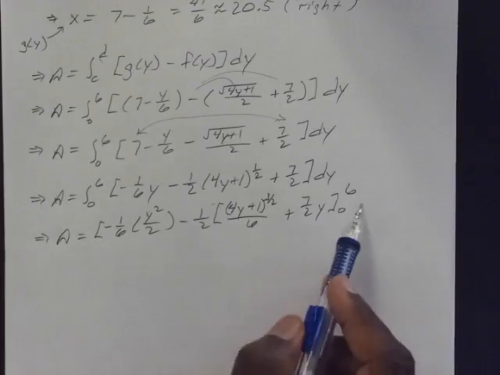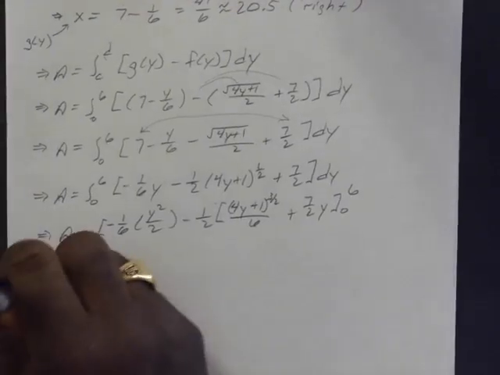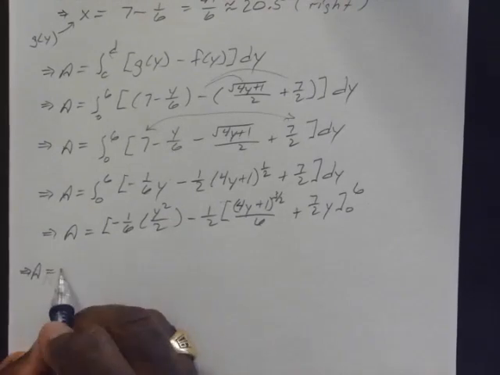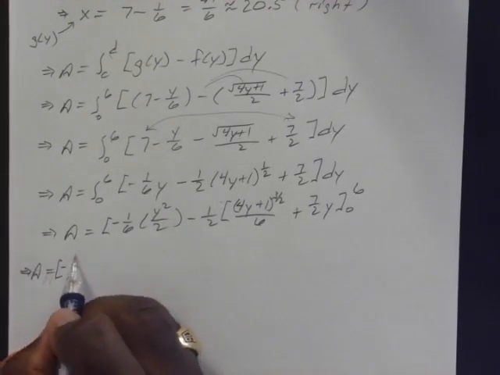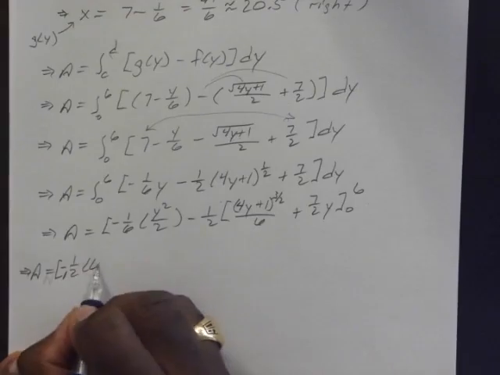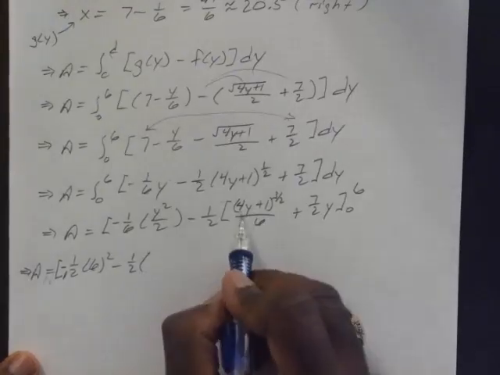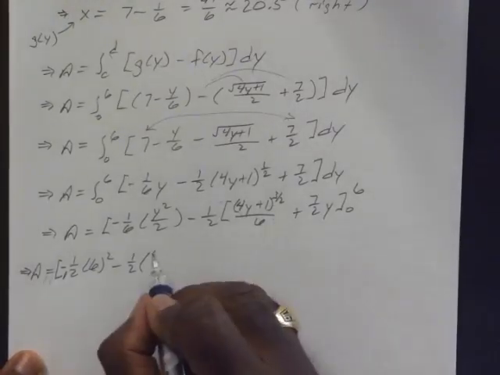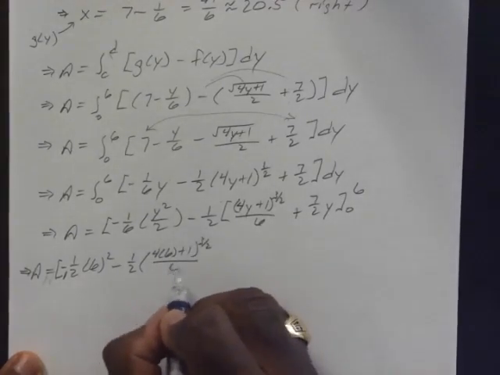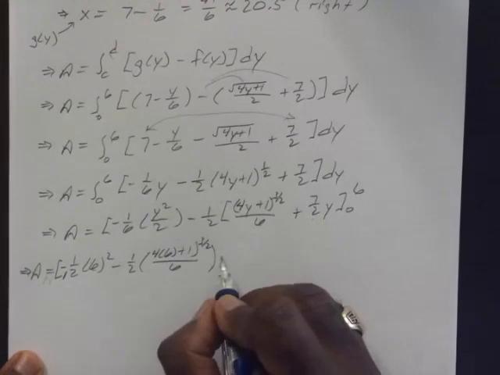So from there, we just have to apply the fundamental theorem. Move that over a little bit so we have enough room. So we have negative 1/12 times 6 squared, minus 1/2 times (4 times 6 plus 1) to the 3/2 power divided by 6, plus 7/2 times 6.